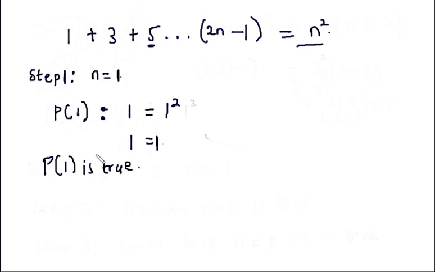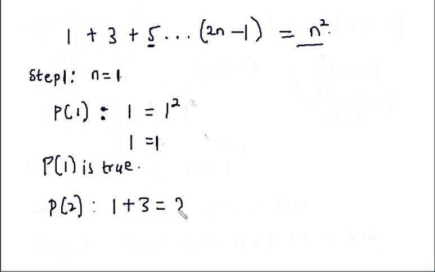We can still show that P of 2 is true, so let's try that. P of 2 will be the first term and then the second term. So 1 plus the second term, which is 3, is 4. The second term is 2, so we have 2 squared here.